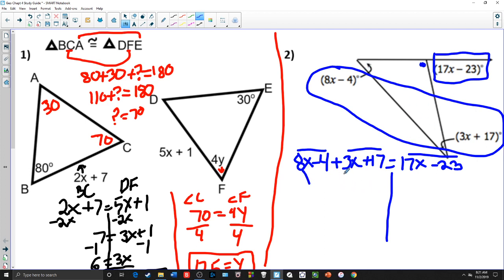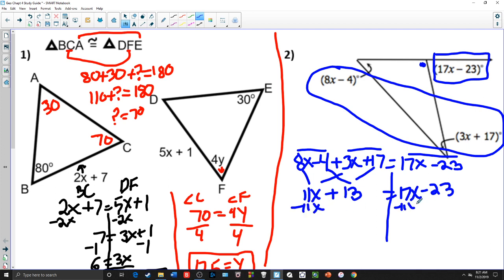And then now we can do this with some simple algebra. So we combine our like terms. So that's going to be 11x, 8 plus 3. And that will be 13. 17 plus negative 4 is 13, because it's a negative 4. And I get 17x minus 23. Then we're going to subtract 11x.